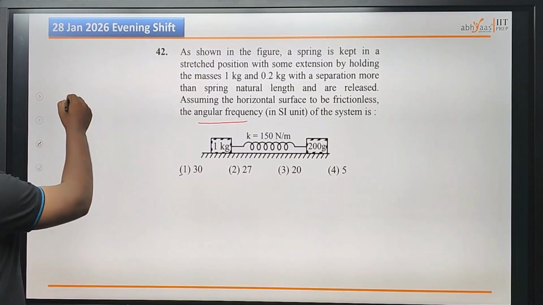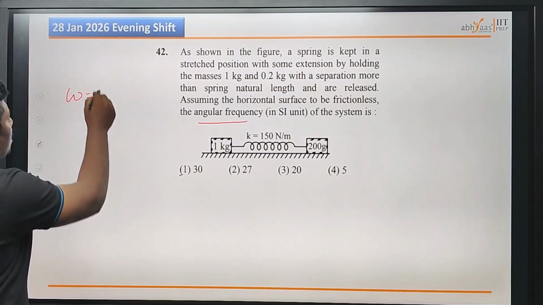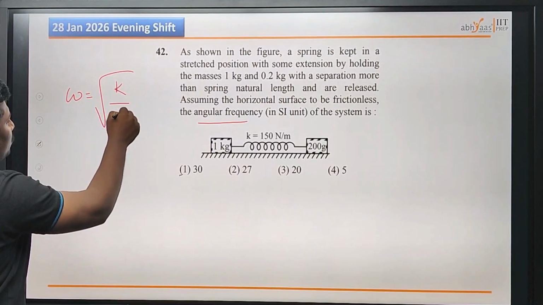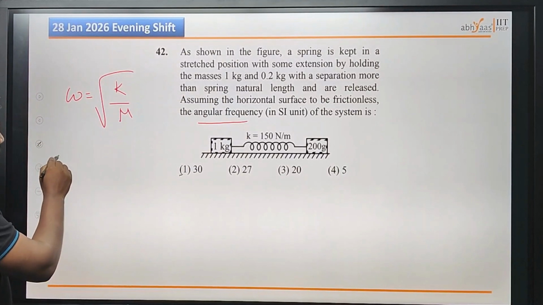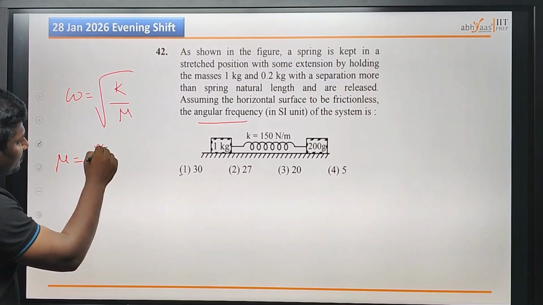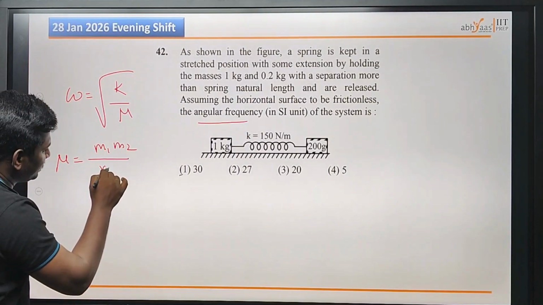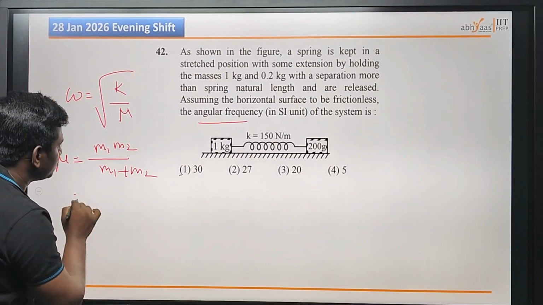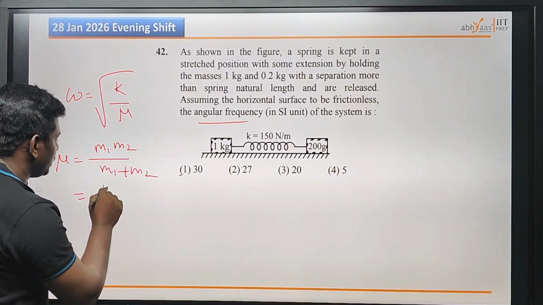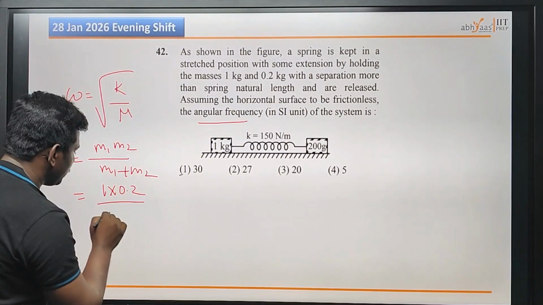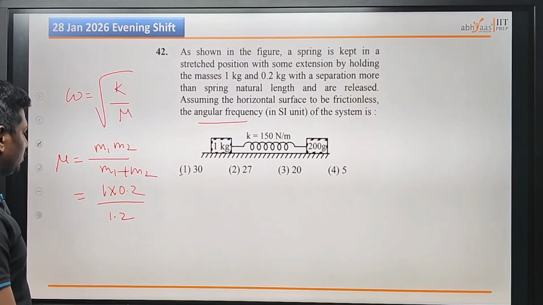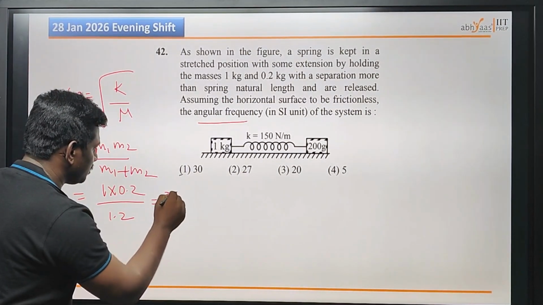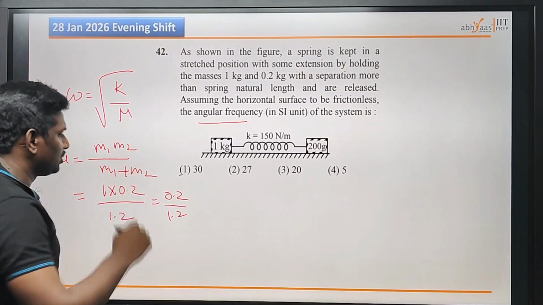So see here, angular frequency can be written as under root k by mu. What is mu? Mu is nothing but reduced mass. So m1 m2 by m1 plus m2, 1 into 0.2 by 1.2. So you will get 0.2 by 1.2.